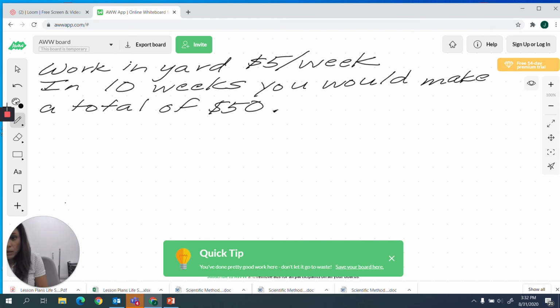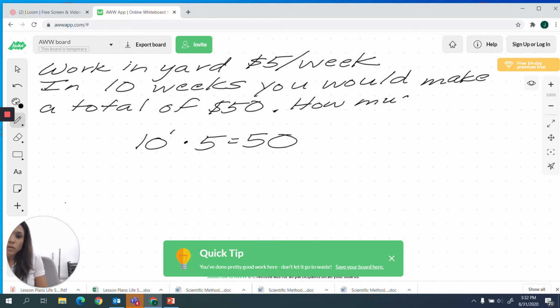So in 10 weeks, that would be 10 to the first power. We multiply that by 5, we get 50 because 5 times 1 is 5, and then we add 1 zero. Now, what if we want to know how much you'll make in 100 weeks?